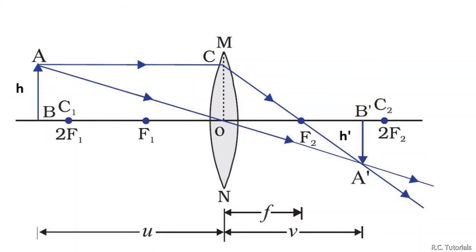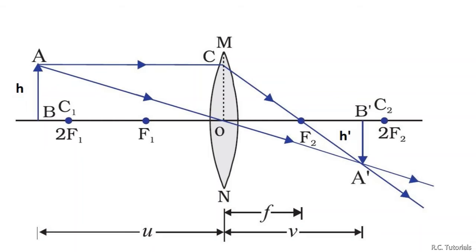At the intersecting point of the two lines, the image will form. The position of the image will be between F2 and C2. The nature of the image will be real and inverted, and the size will be diminished, or smaller as compared to the object.